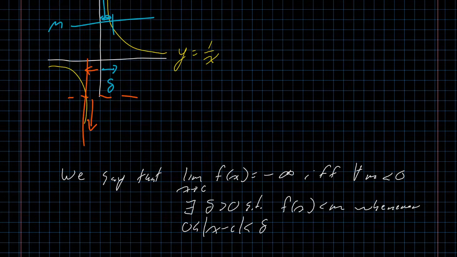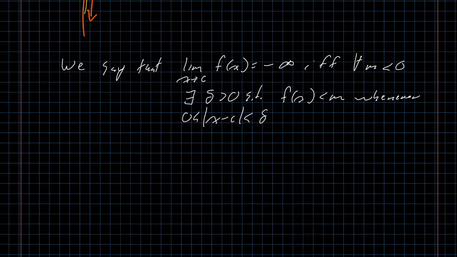And so the limit as x approaches c of f of x is equal to negative infinity if and only if for every little m less than 0, there exists a delta greater than 0 such that f of x is less than m whenever 0 is less than the absolute value of x minus c is less than delta. And for the graph of the 1 over x function, we even break that up further.